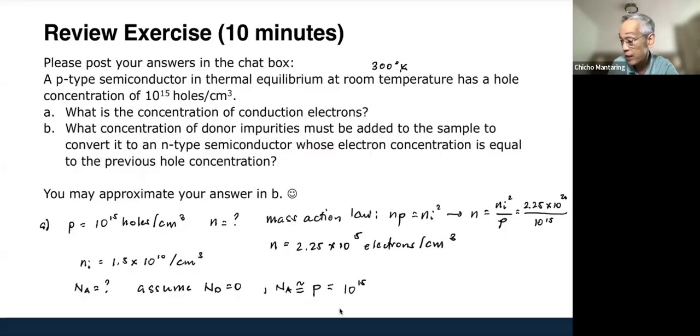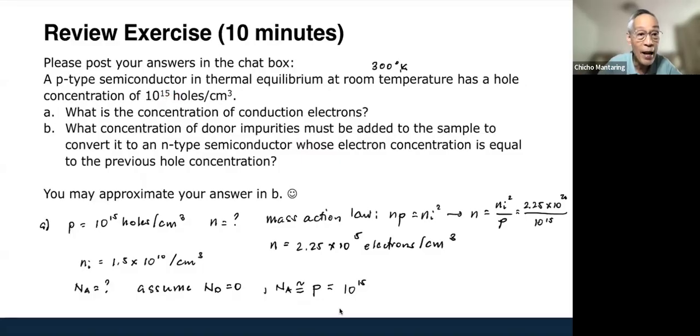So letter B. What concentration of donor impurities must be added to the sample to convert it to an N-type semiconductor whose electron concentration is equal to the previous hole concentration? So ano yung scenario natin dito? Meron tayong P-type. Ito yung hole concentration, 10 to the 15.